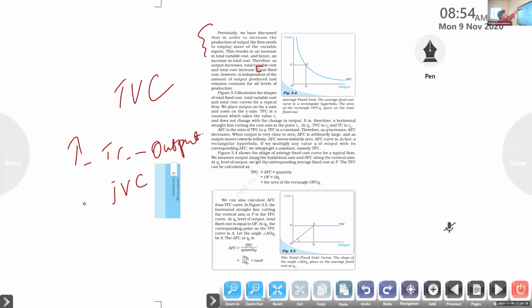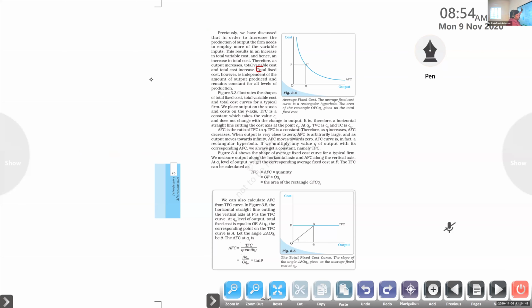Therefore, as output increases, total variable cost and total cost increase. Total fixed cost, however, is independent. There is no relation with the total fixed cost, because it is not changing. It is independent of the amount of output produced and remains constant for all levels of production.